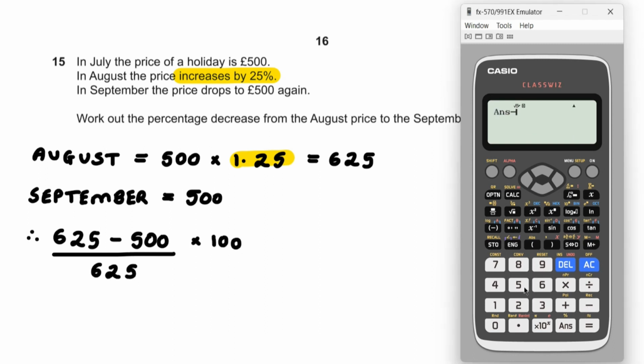So if I do 625 subtract 500 and then divide by 625, I get 20%. So I've got 20%.